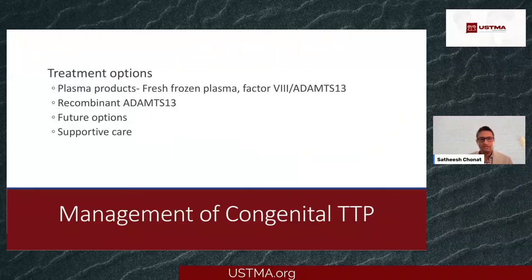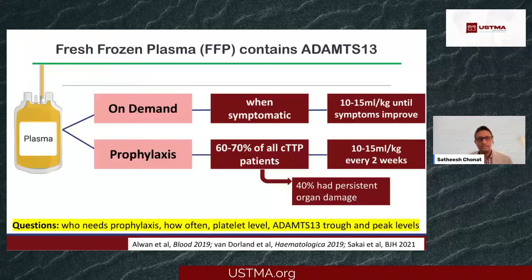So the next few slides, we'll talk about some of the treatments, or how we recommend managing patients with congenital TTP. We'll talk about plasma products, as some of you may be aware of, and certainly about recombinant ADAMTS13. Next slide. Plasma is probably one of the most commonly used treatment strategies in many countries. It can be used on demand or as prophylaxis. On demand is when the patients are symptomatic.